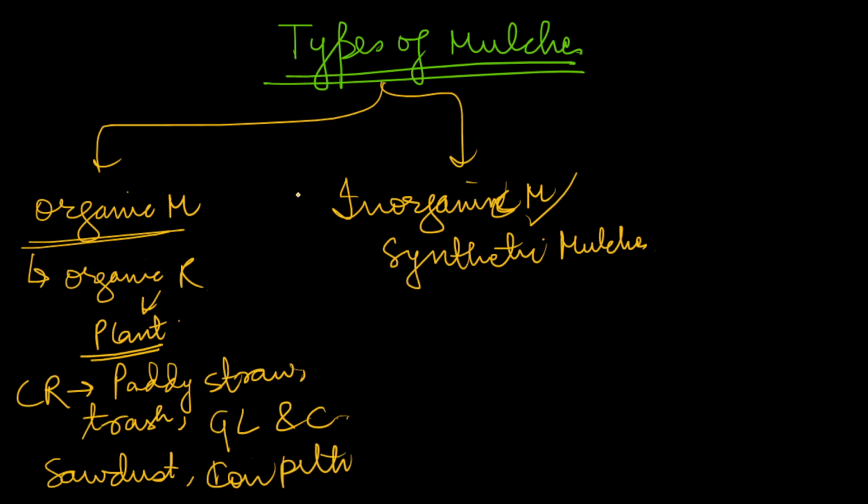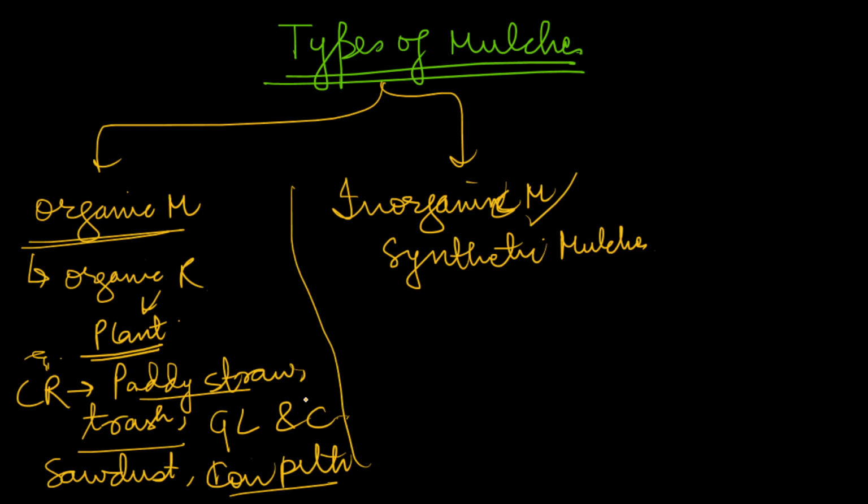In examples you can mention paddy straw mulching, sugarcane trash mulching, coir pith mulching, sawdust mulching, and green leaves and compost mulching.